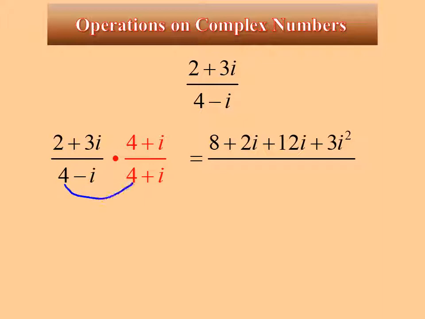Now on the bottom, using the FOIL method, we have 16 plus 4i minus 4i, so the 4i's will disappear, minus i squared. And like we did before, the 16 minus i squared, we can replace the i squared with -1.